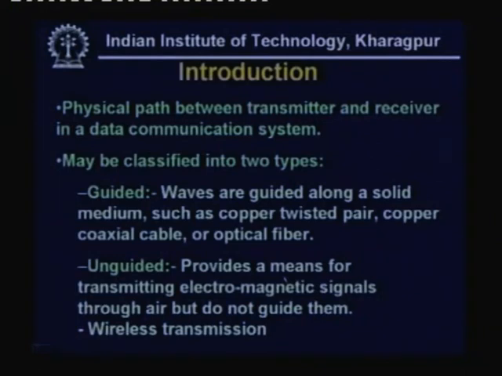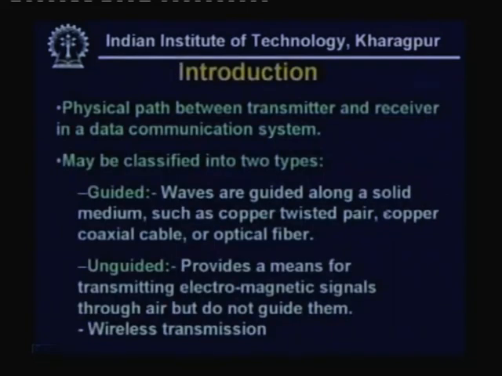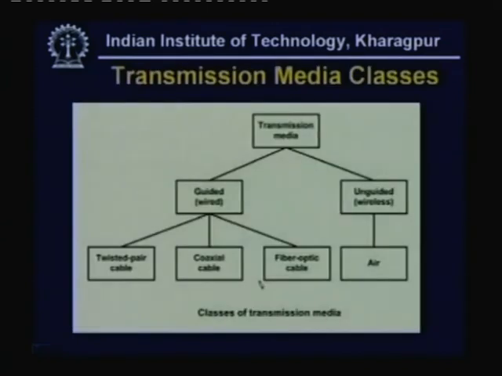And in the last lecture we have discussed in detail the various guided communication media, such as twisted pair of cable, coaxial cable and fiber optic cable. Now, in case of unguided media, as I mentioned, it provides a means for transmitting electromagnetic signals through air, but do not guide them. So we may call it wireless communication.